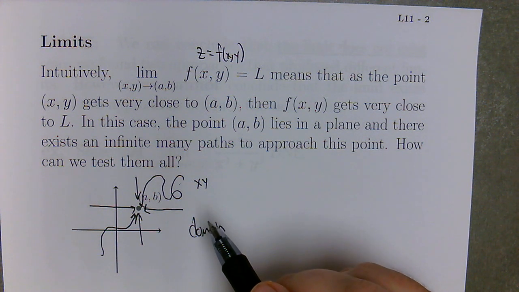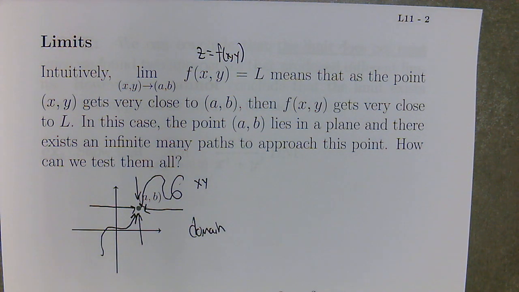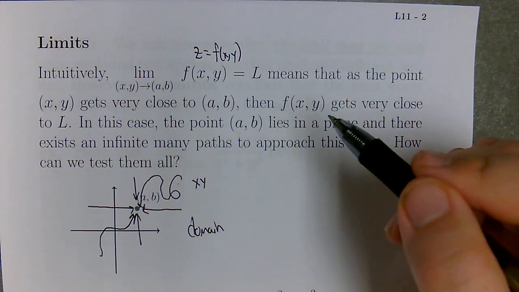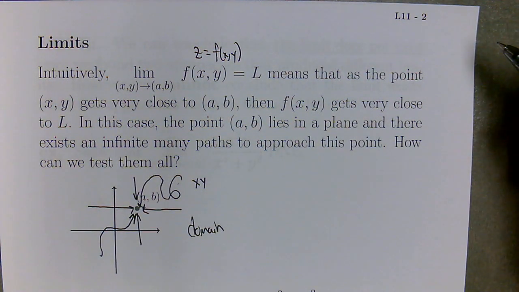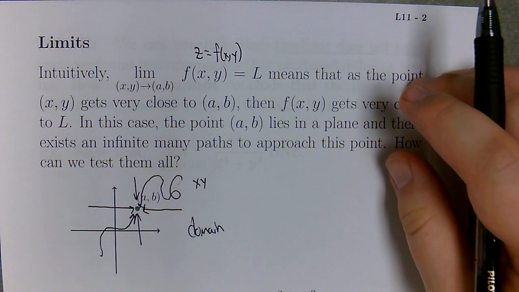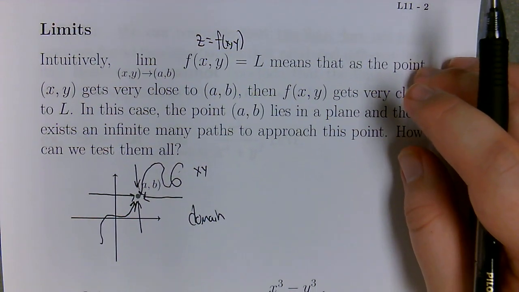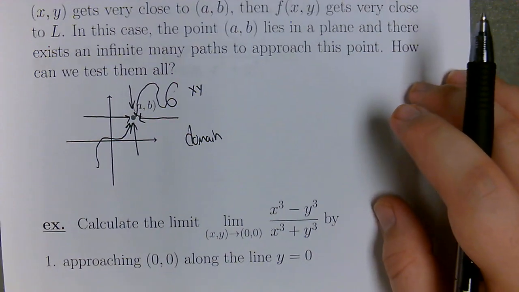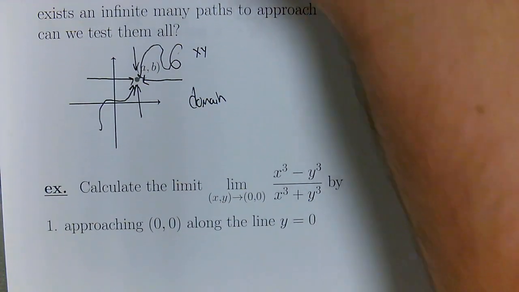Now, if we want to see that the limit exists back in Calc 1, all we had to do was look at the left, look at the right, and make sure they agree with each other. But now it seems like there are infinitely many ways to get to the point (a, b). So how do we test them all? How is that actually going to work? Well, we'll talk about that in a moment, but what's easier than testing them all is actually proving that the limit doesn't exist at a particular point, as we'll see in this example right here.